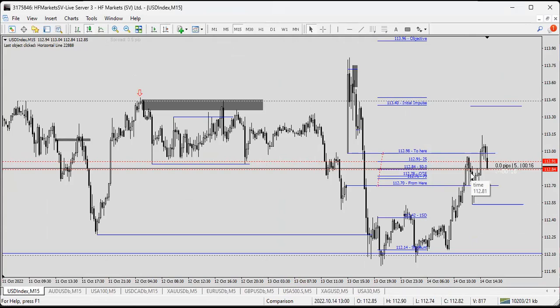Okay. No gaps on DXY. And 15 reclaim order block.